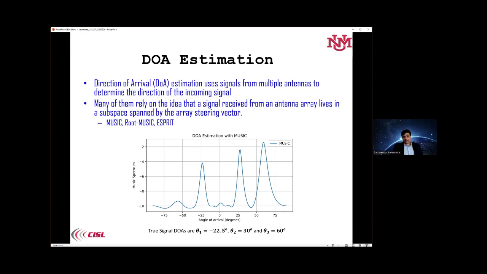Now, these classic DOA estimation algorithms work on the 2D plane, so we can call them estimating just a single angle on the 2D plane. And as you can see from this figure, MUSIC, for example, or root MUSIC can simultaneously estimate the arrival angles of multiple signals.